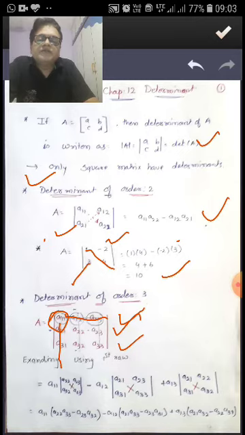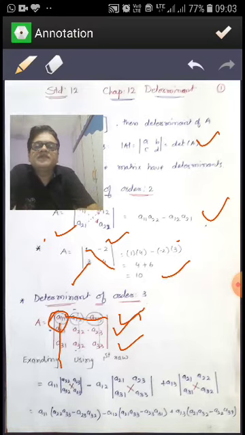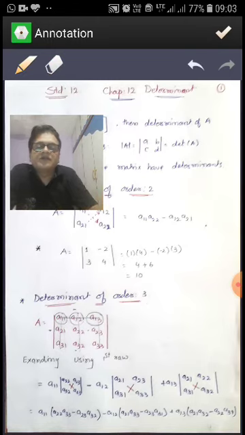Then take a12 and take a minus sign before this. Why? We will discuss it later, but take minus sign before it. Okay, so take a12. Remove the first row and second column. What is remaining? a21, a23, a31, a33. Write it in the form of a determinant.